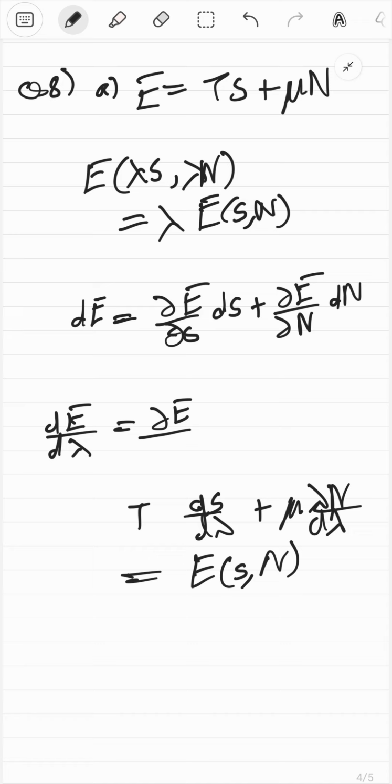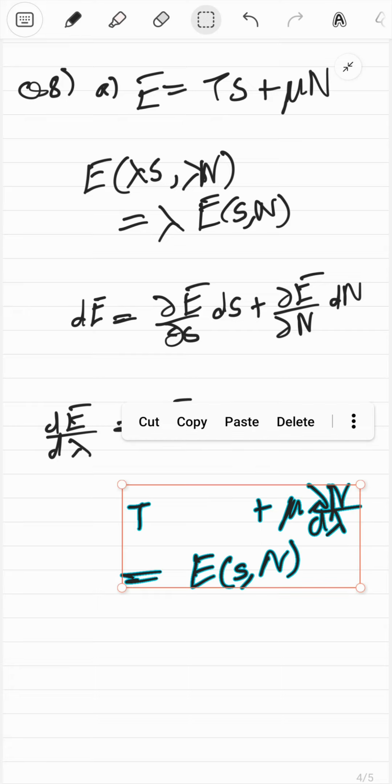No, what the hell? This isn't right. How does entropy change with... Oh no, okay, it's not that. It's just S, because it shouldn't be dS by d lambda. It should be d lambda S upon d lambda.